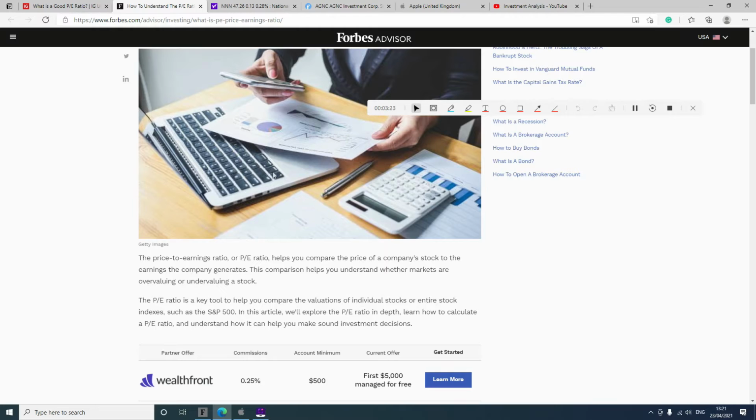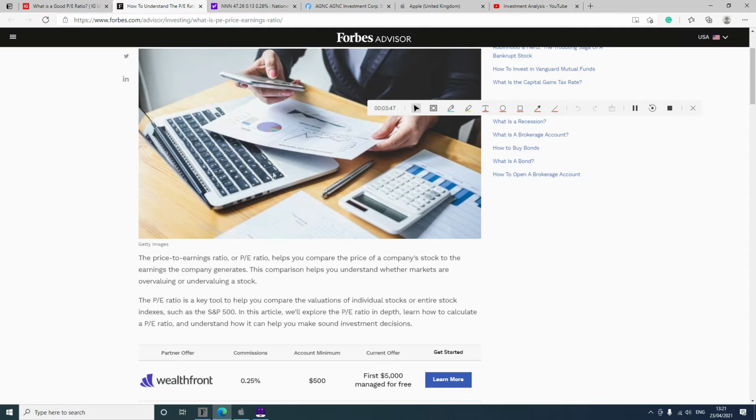However, let me say this, there are several other websites you could go to check for the same information, like finviz.com. Let's say you don't have much time to do a comprehensive analysis of these two REITs. One of them is National Retail Properties, ticker symbol NNN, and the other one is AGNC Investment Corporation, for example.